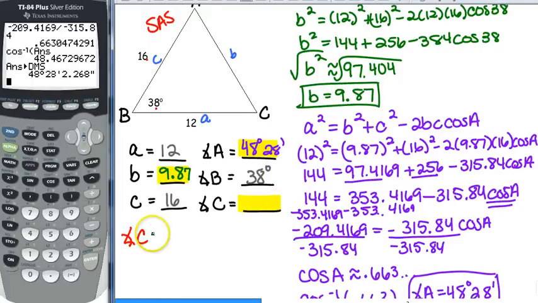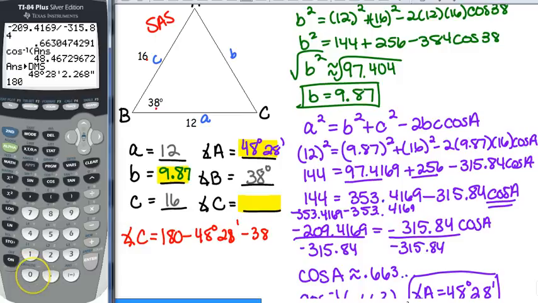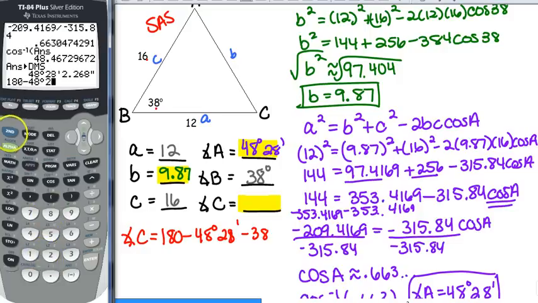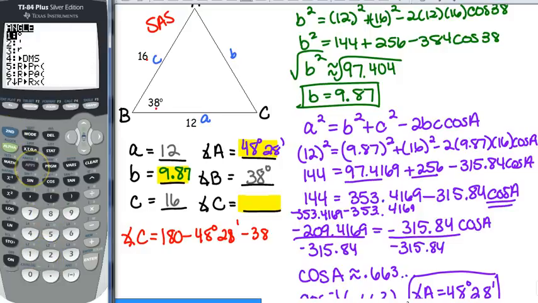So for angle C, we can take 180 minus 48 degrees and 28 minutes minus 38. So we go to our calculator, remind where those buttons are from yesterday, 180 minus 48, second apps for the angle, degrees, 28 minutes.